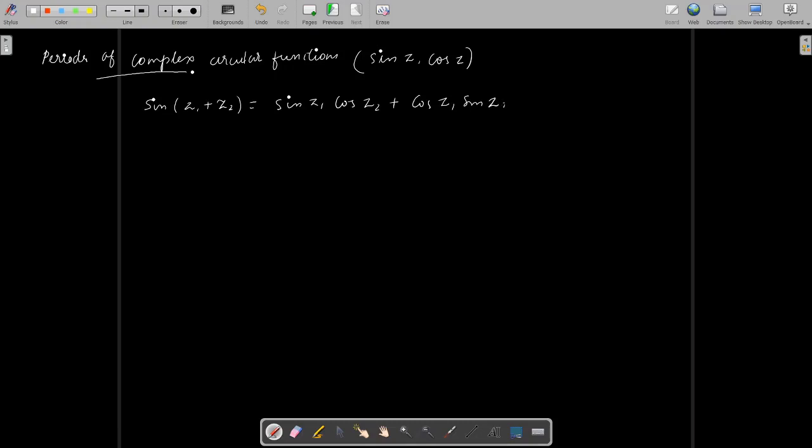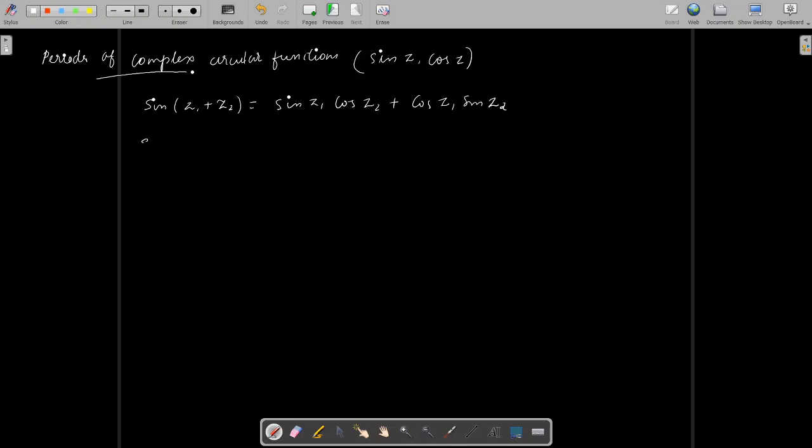If we replace sin z as e raised to iz minus e raised to minus iz divided by 2i, and cos z as e raised to iz plus e raised to minus iz divided by 2, you can prove all those formulas involving addition and subtraction with real numbers using these formulas.